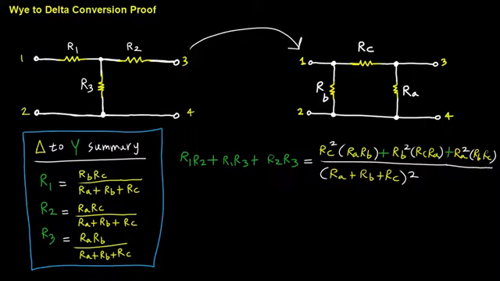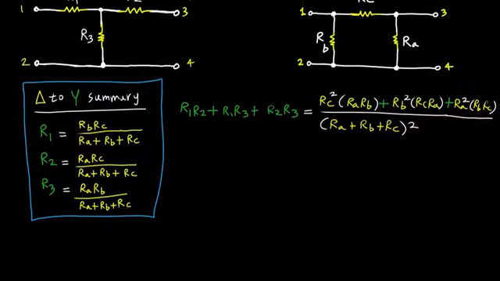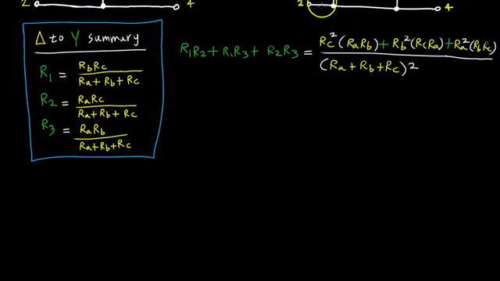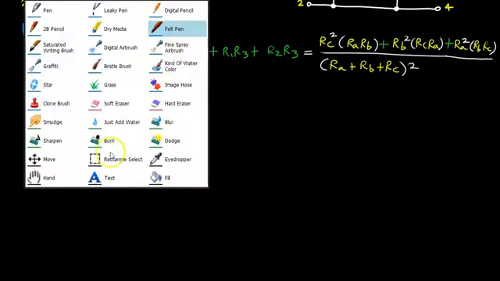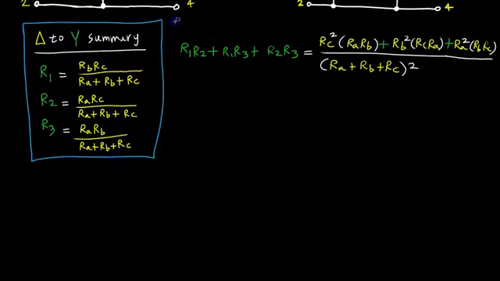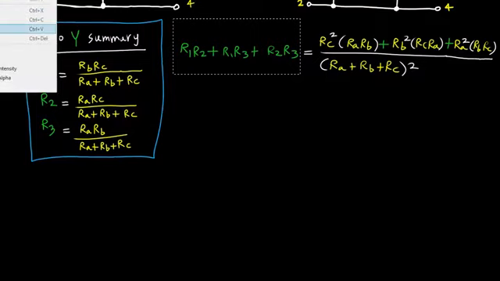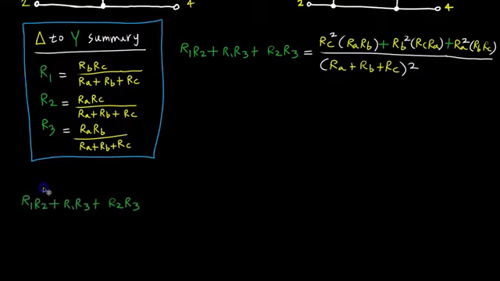So what we actually should do now is go ahead and factor out RA, RB, RC from every single term. So let me copy this and start down here. So let's get this term, copy it, paste it, and bring it here.